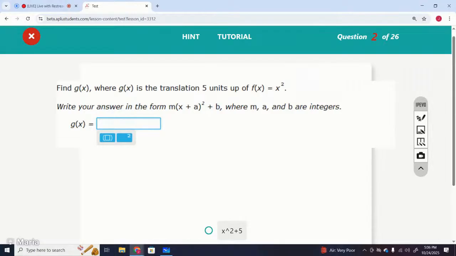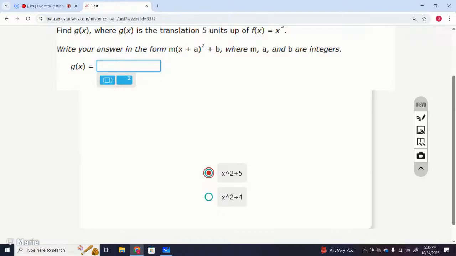Find g of x, where g of x is the translation 5 units up of f of x equals x square. x square plus 5, number 1 is the correct option.